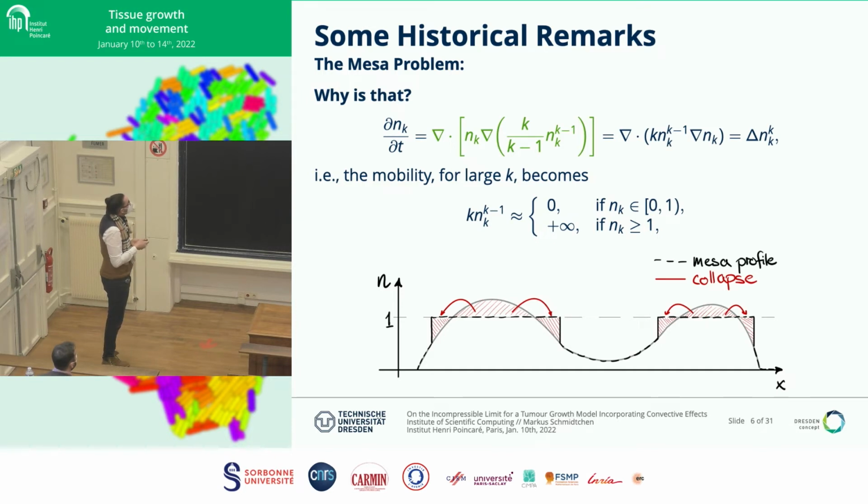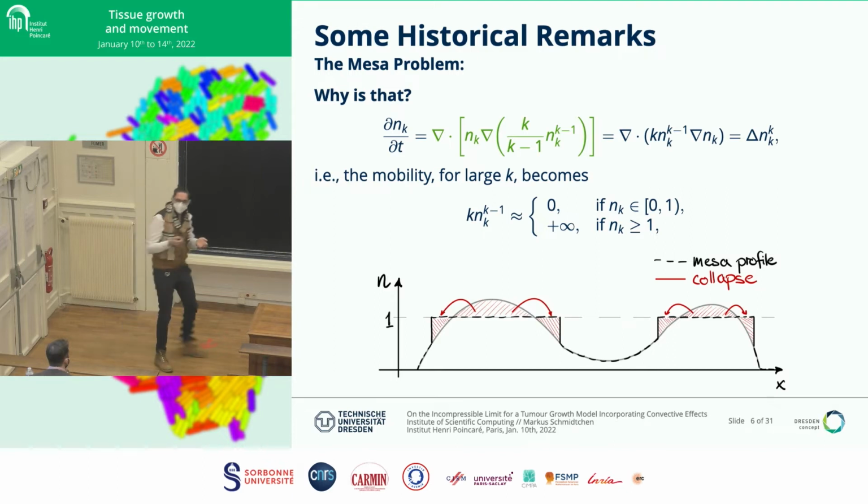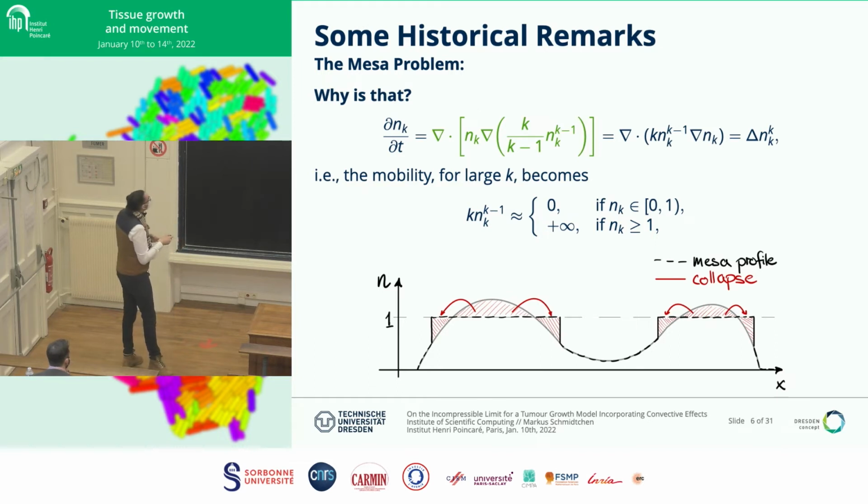And so what does that mean? Whenever n is between 0 and 1, so whenever we're not saturated, the mobility is 0. And whenever n is larger than or equal to 1, the mobility is close to infinity. And so what happens is, in this limit, we start with this gray curve. As k gets large, in an infinitely short period of time, these mountain hills, quote unquote, will collapse.